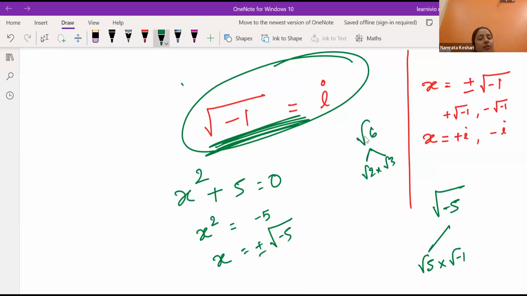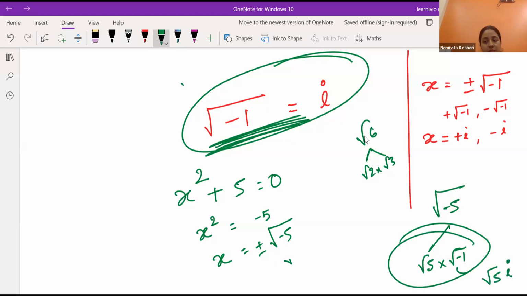Similarly, when we have negative 5 inside the root, we can write it as root 5 into root minus 1. The moment we write it this way, root minus 1 is already defined by mathematicians as iota. So we can say this one is nothing but root 5 i. Making sense?